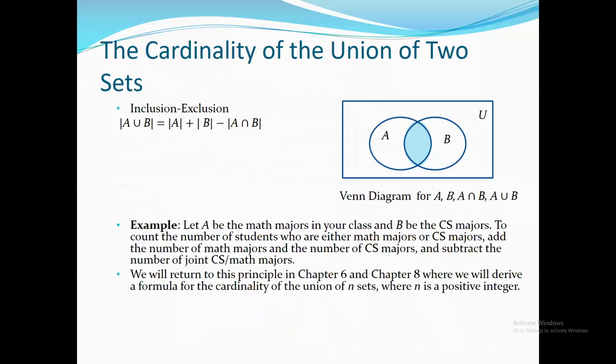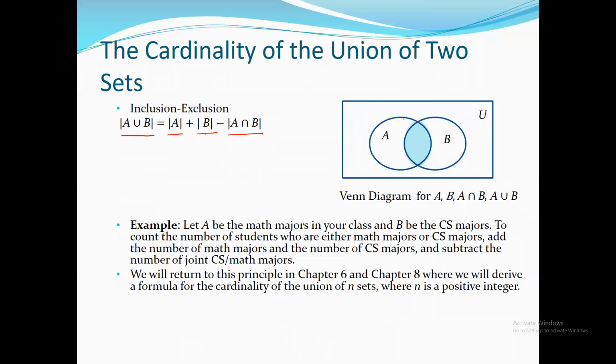All right. So now let's see the cardinality once again, the cardinality of the union of two sets. Before that, we know that the cardinality is the number of elements in a set, right? So what is the cardinality of A union B? It is basically the cardinality of A plus the cardinality of B minus the cardinality of A intersection B. Why?